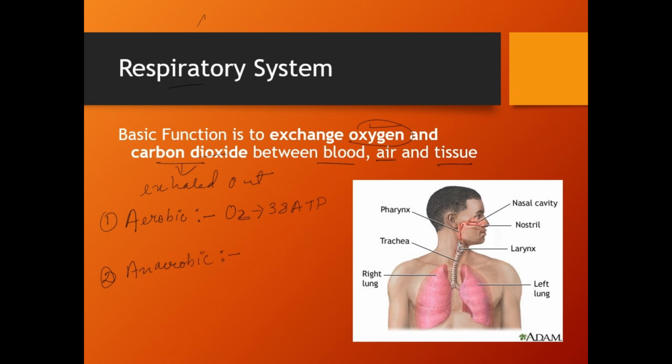In anaerobic respiration, it is without the presence of oxygen, and it releases 2 ATP only. Here you can see in aerobic it is 38 ATP and here you have 2 ATP.